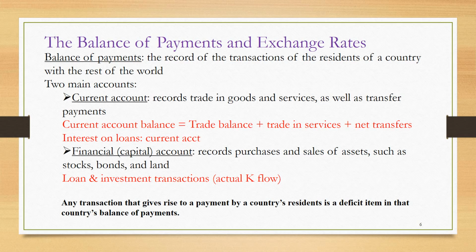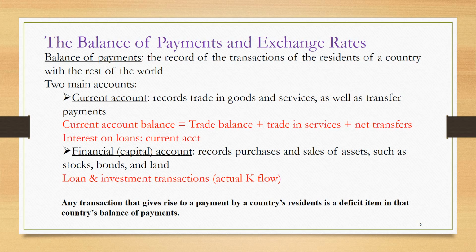Service payment goes onto the current account. It's important that if you run a current account deficit, so say for instance your trade balance, your imports are greater than your exports, so you're running a current account deficit, that would have to be financed by a financial or capital account surplus to avoid bankruptcy. We're going to talk about that now.